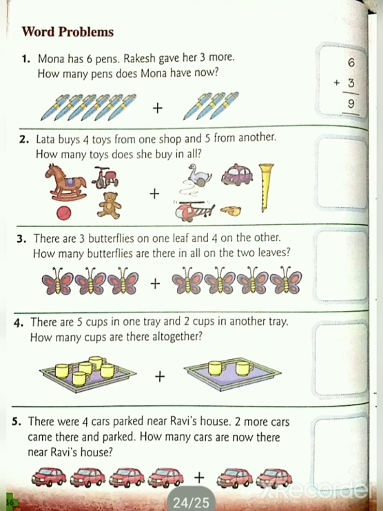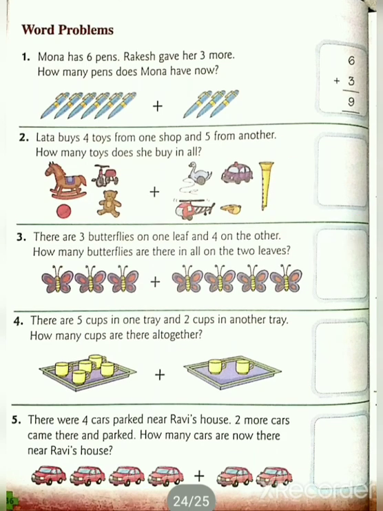First, you will write 4 toys, because Lata buys 4 toys from one shop and after that 5 from another. You will write 5. Now you will add, because you have to find how many toys she buys in all. You have to calculate 4 plus 5. So 4 plus 5 is equal to 9.